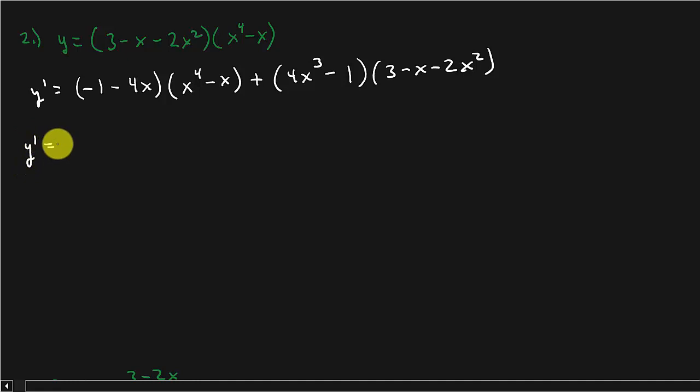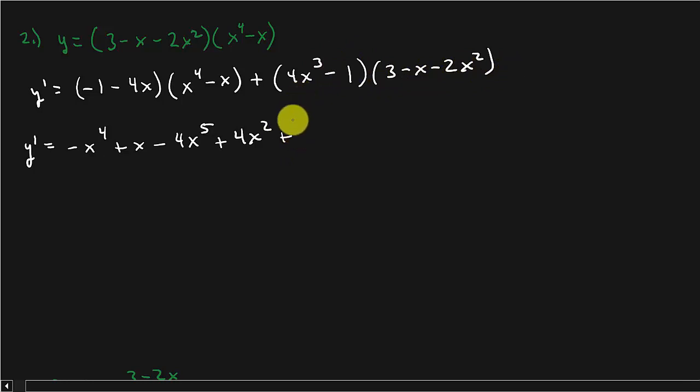So I get y prime is equal to, so let's multiply this. This is going to be negative x to the fourth plus x minus 4x to the fifth plus 4x squared. All right, so that's multiplying this out. Now I've got to multiply this out. So I'm going to take the 4x cubed, multiply it times each term, and then the negative 1, multiply it to each term.